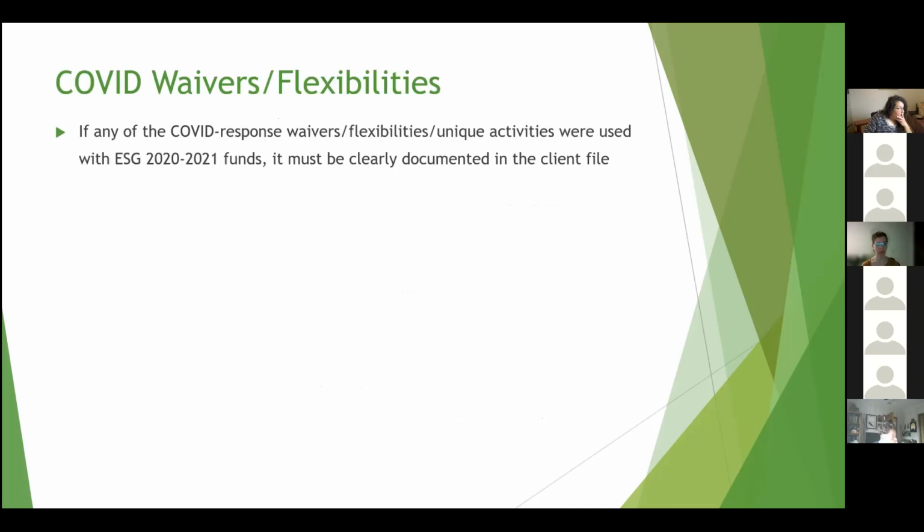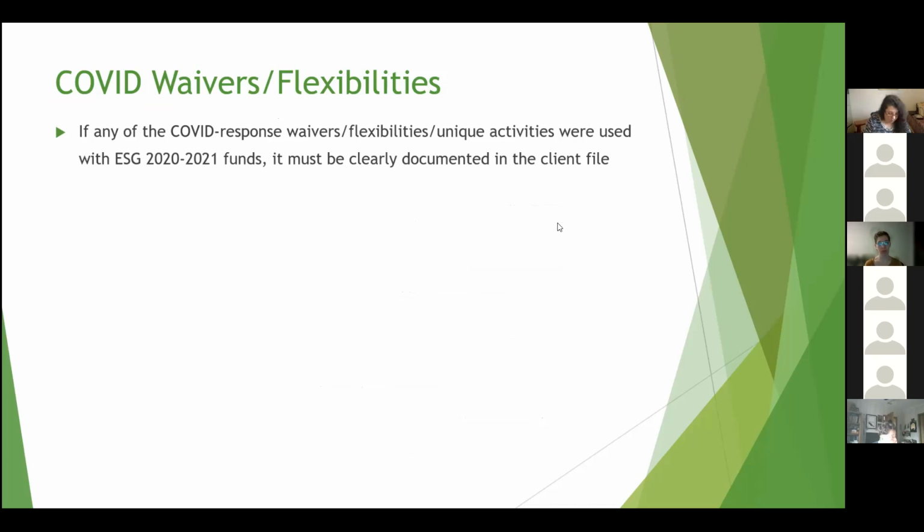So just a note on the COVID waivers. This is where it gets complicated when you're talking about what funding cycle you're looking at. If you're using ESG-CV funds, there are many waivers and flexibilities that apply. There are specific checklists that I've created that are specific to CV funds.